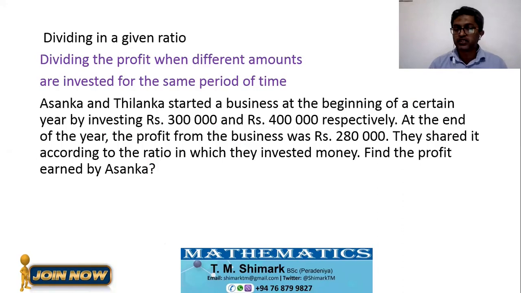And now next question is, Asanka and Tilanka started a business at the beginning of a certain year by investing 300,000 and 400,000 respectively. At the end of the year, the profit from the business was 280,000. They shared it according to the ratio in which they invested the money. Find the profit earned by Asanka.